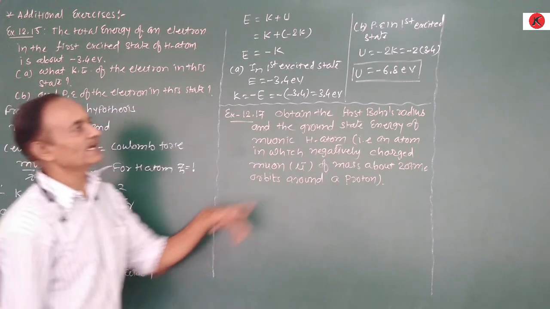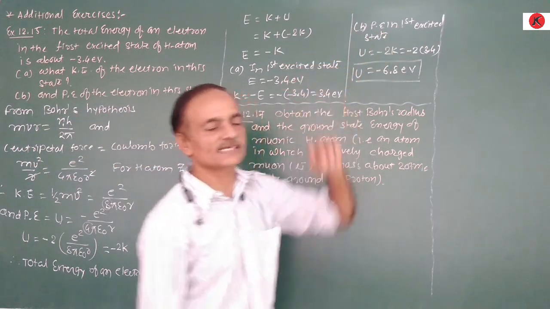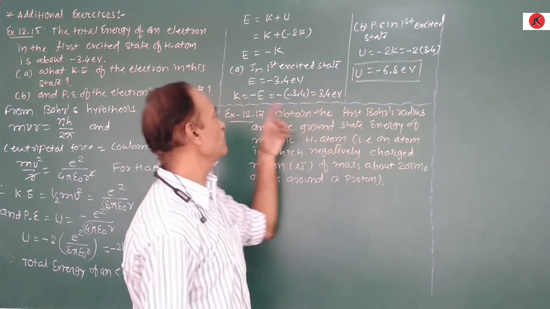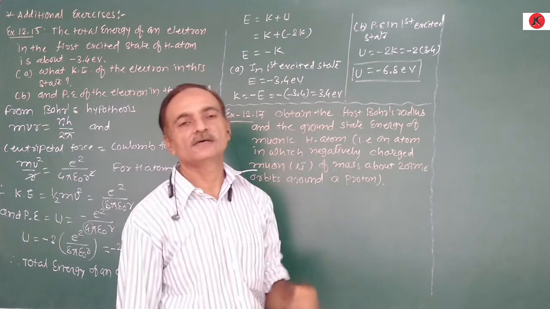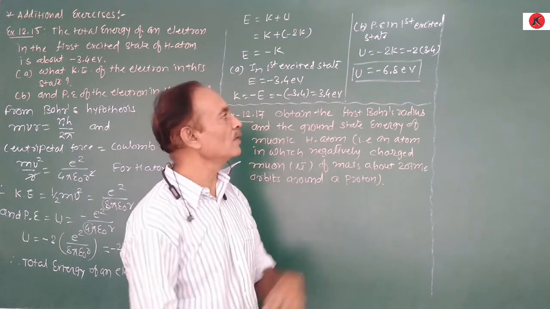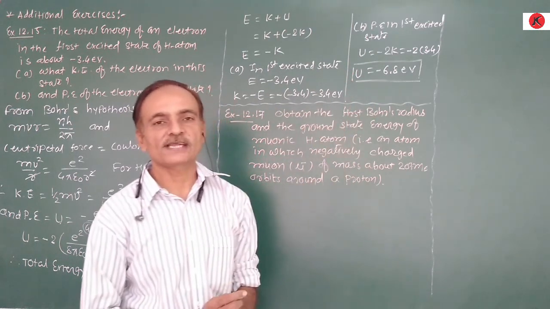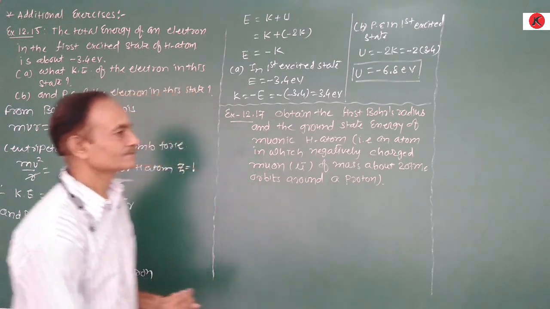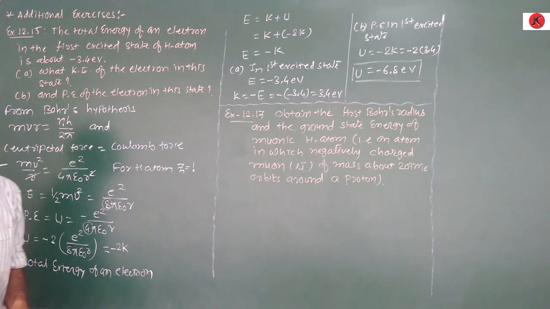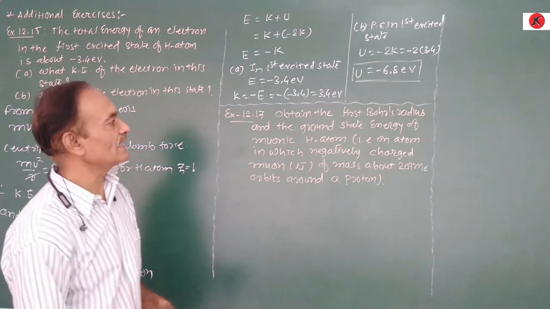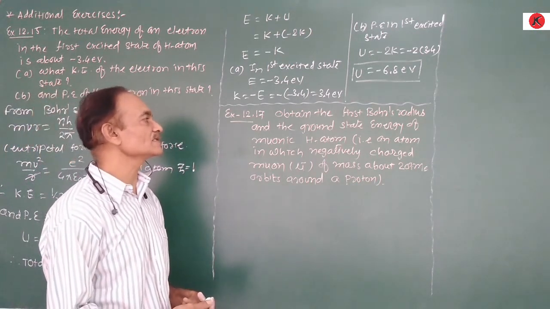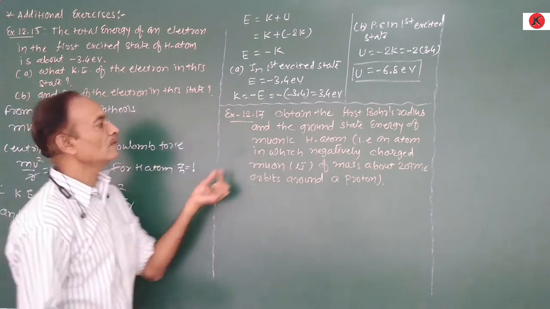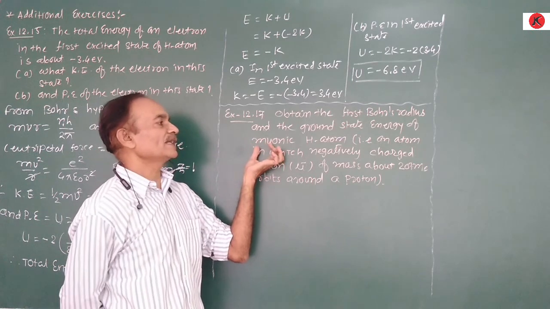Now the potential energy in the first excited state: U is equal to minus 2K, but K is equal to 3.4. Therefore, minus 2 into 3.4, which is minus 6.8 electron volt. Clear? Okay. After that, the next numerical, 12.17: obtain the first Bohr radius and ground state energy of muonic hydrogen atom.